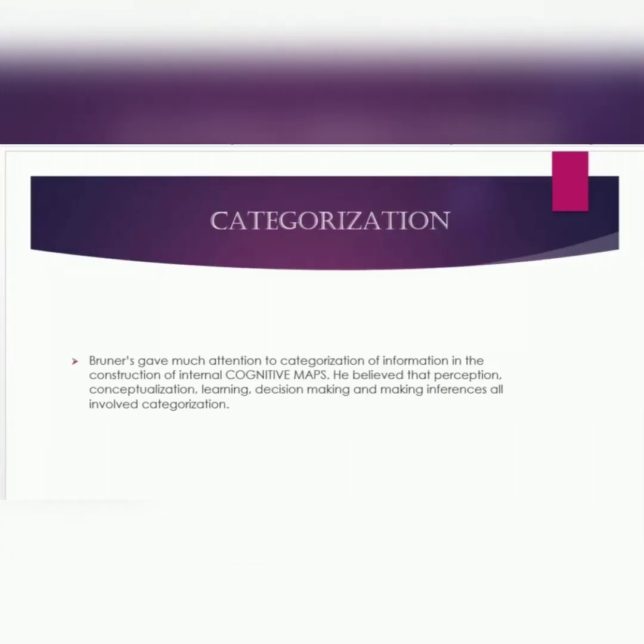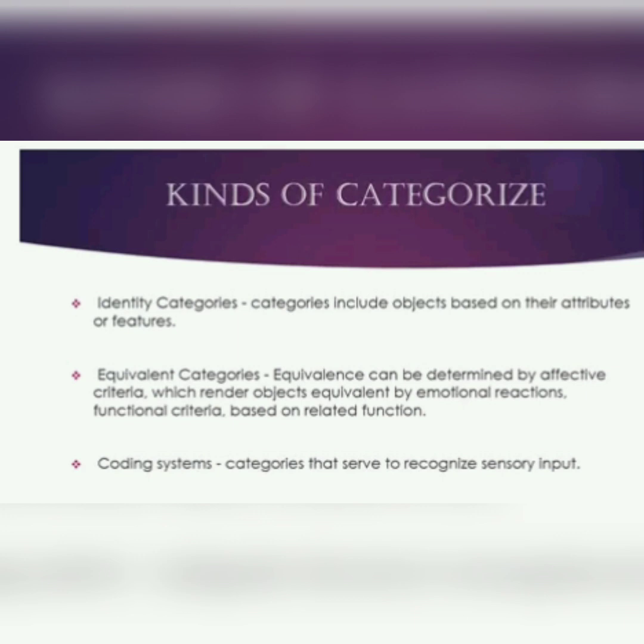Categorization. Bruner gave much attention to categorization of information in the construct of internal connective maps. He believed that perception, conceptualization, learning, decision-making, and making inferences involve categorization. Kinds of categorization. Identity category is object based on their attributes or features.